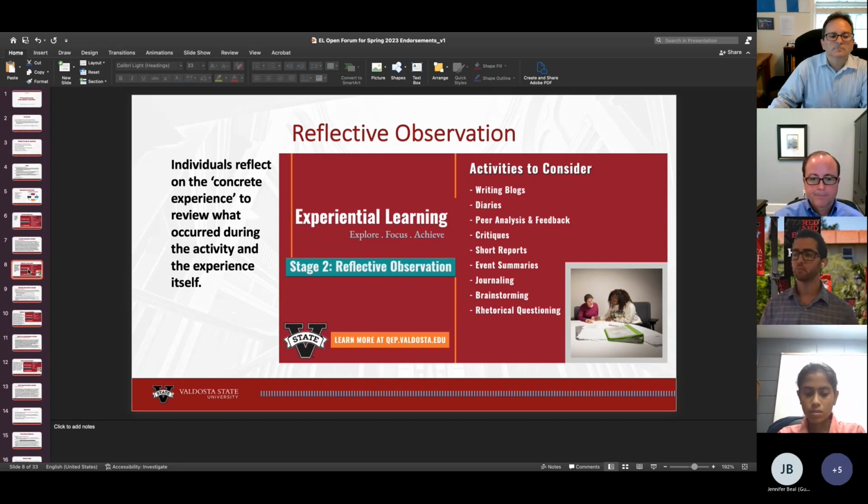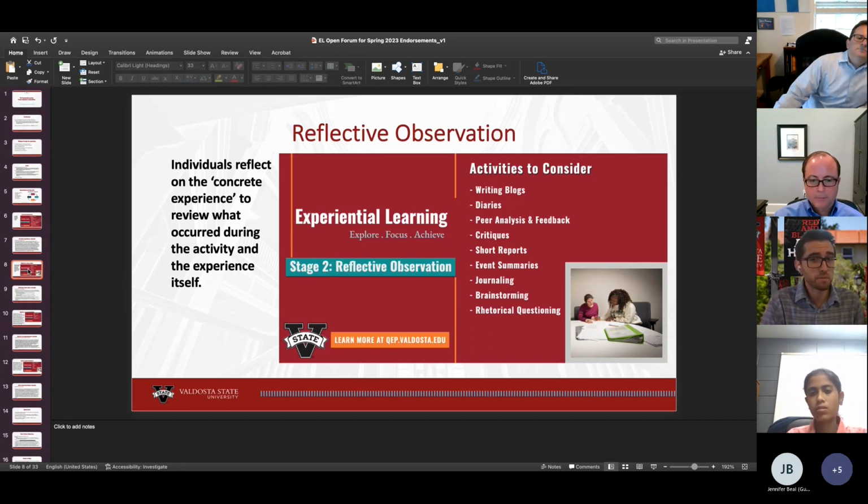The goal is that you want your students to articulate that experience, to verbalize or write it down, so you see what connections the students are making with what they saw in many instances.